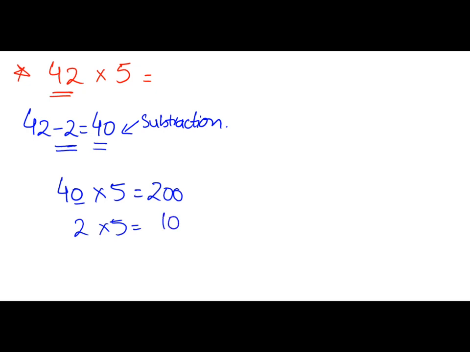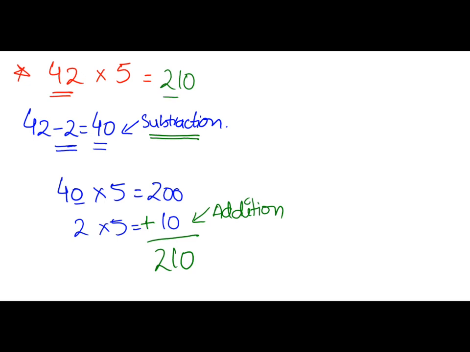Remember, I have subtracted in the first step, so now I am going to do the addition here. If I add 200 and 10 altogether, I will get the answer 210. So it is 210. Let's check our answer.